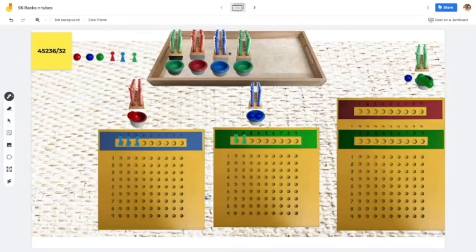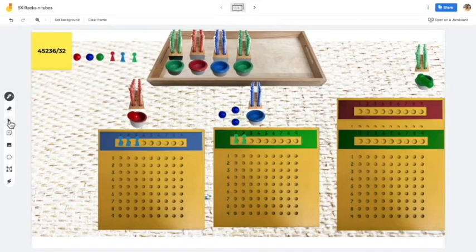Oh, there is one 10 bead lying there. While bringing down the 10 ball, we have left it there. Let us bring it down. It is a bit difficult to count the beads here on this virtual material, so let us count it. 1, 2, 3.